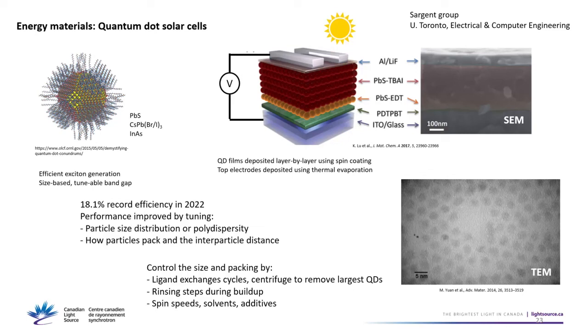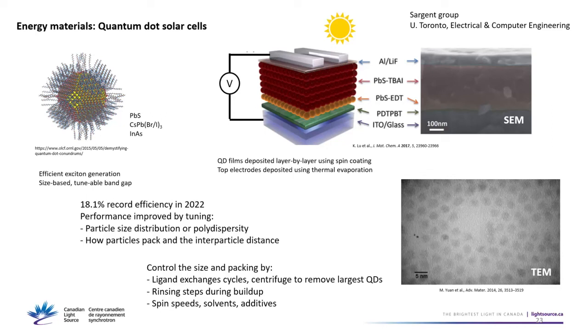You can make a device that turns sunlight into electricity. The way this is fabricated is you drop cast and spin coat a bunch of these quantum dots, evaporate some electrodes on top, and then do some electrical testing. Here's an SEM image of this thing and a TEM image of the particles inside.